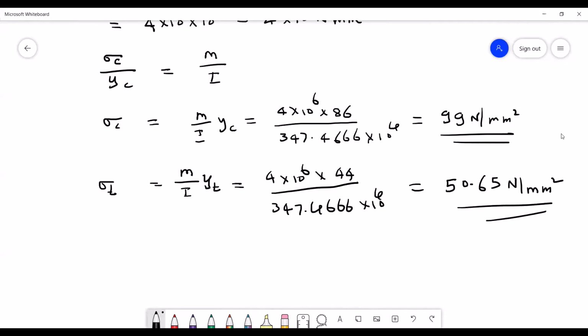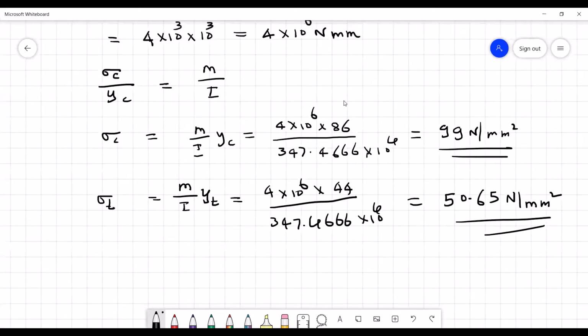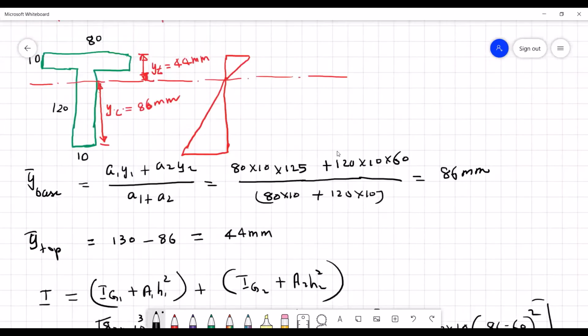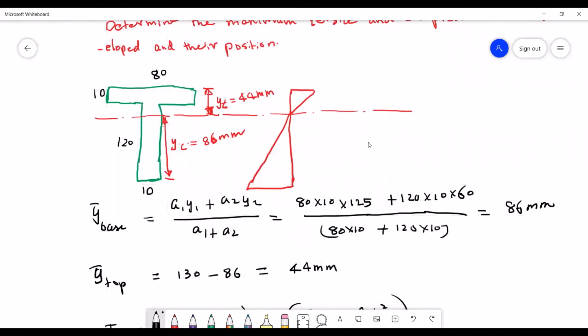Now we will write these things in the stress distribution diagram. And this is the section, and this is the stress distribution diagram.